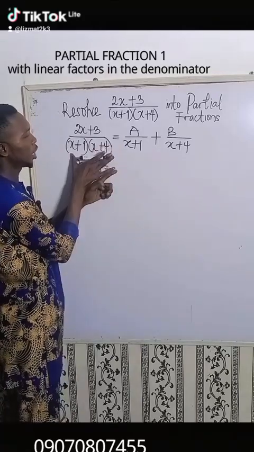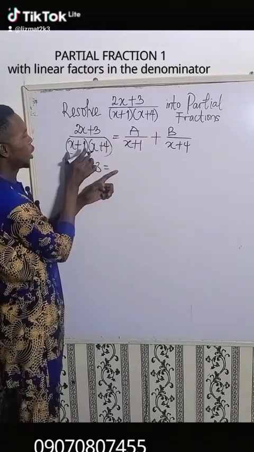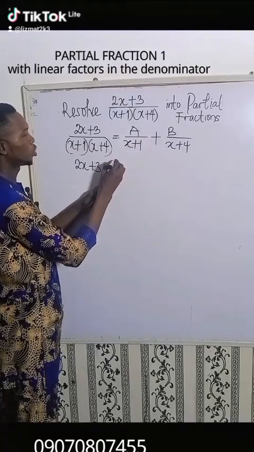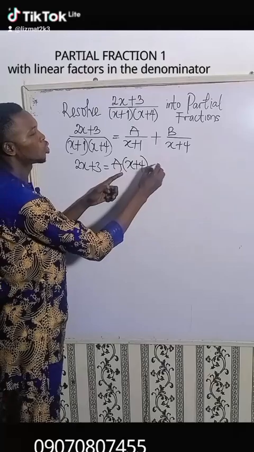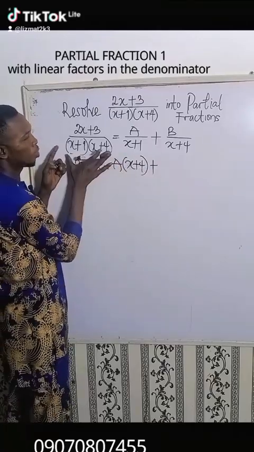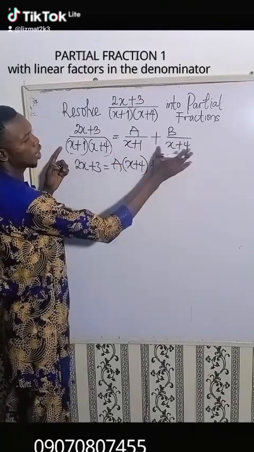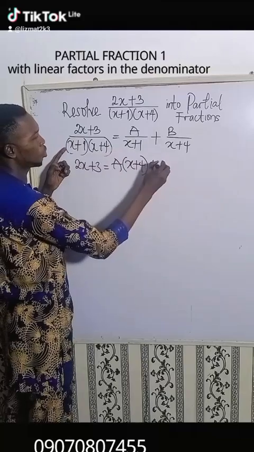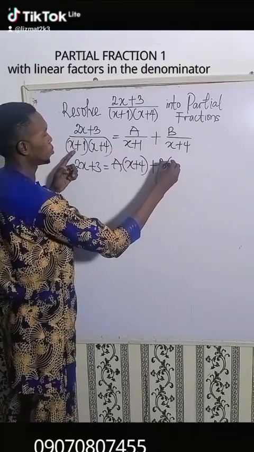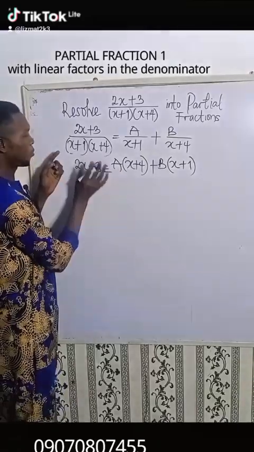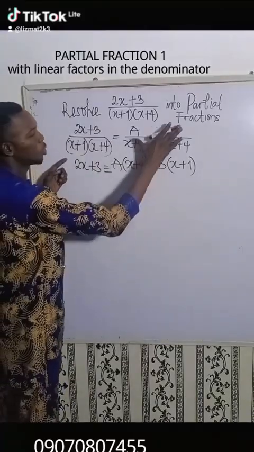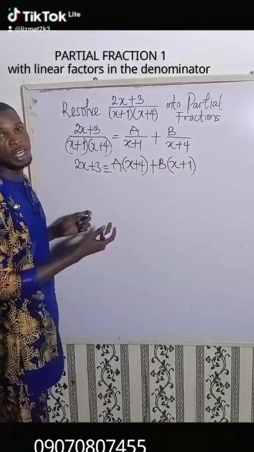If I multiply A by the LCM, x + 1 will cancel out x + 1, so I'll be left with A into (x + 4), right? If I multiply B by this LCM, x + 4 will cancel out x + 4, so I'll be left with B into (x + 1). Of course, the numerators here are equivalent, all right?